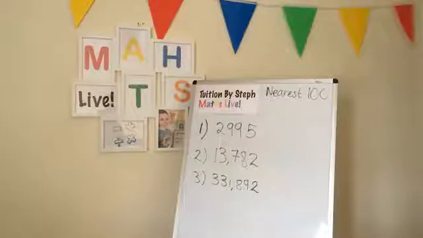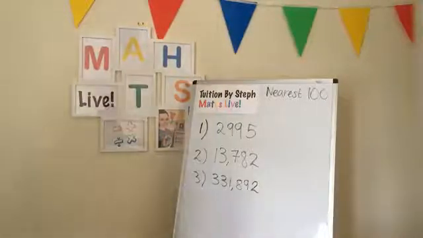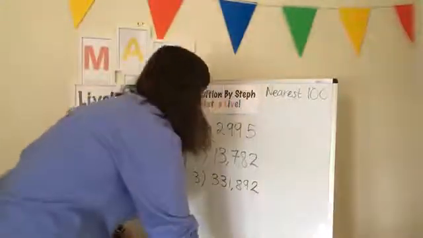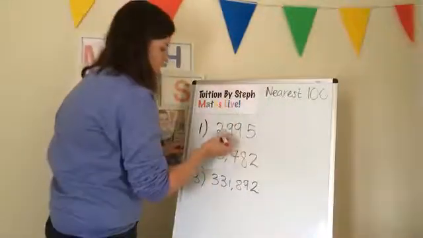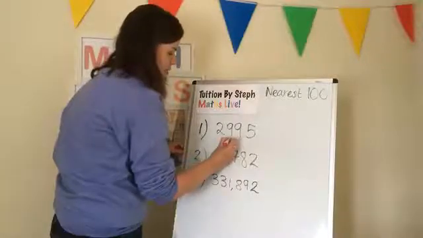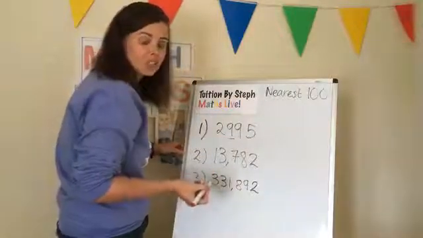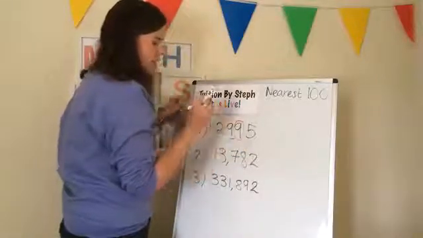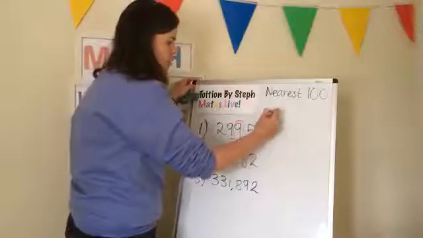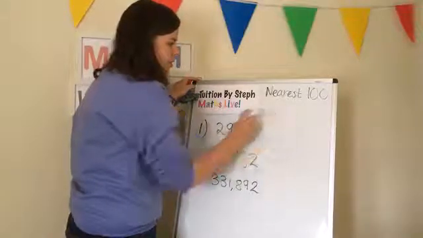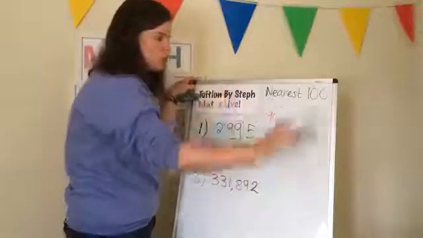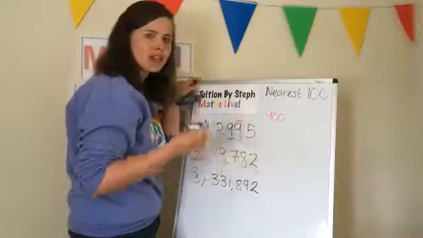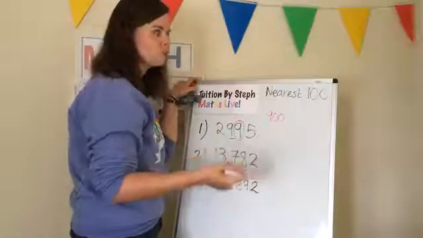Okay, let's have a look. Let's have a see. So nearest 100. So in 2,995, the 9 is the hundreds, and it's the tens value that tells us what to do. Right. It's in the 900s, but the 9 tells us to round up. So what's the next 100 after 900? What is 900 plus 100?